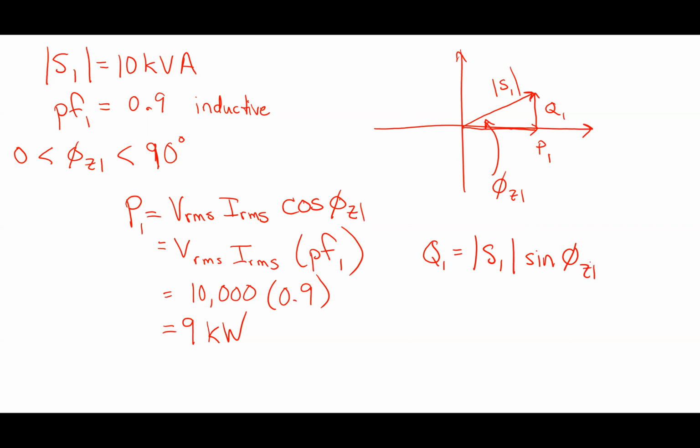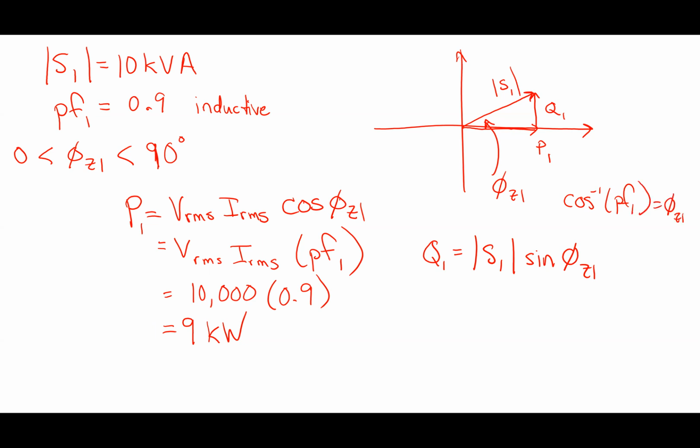If I want to figure that out, I know S1. What do I not know? The angle of the impedance, sometimes called the power factor angle. So I've got to figure that out. I say cosine inverse of the power factor is equal to phi Z1.